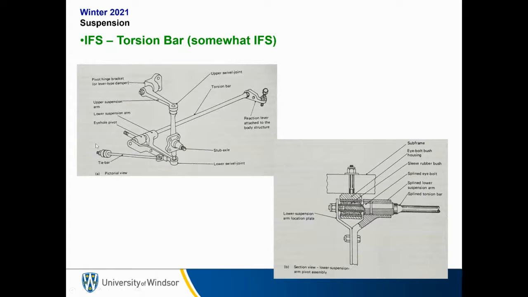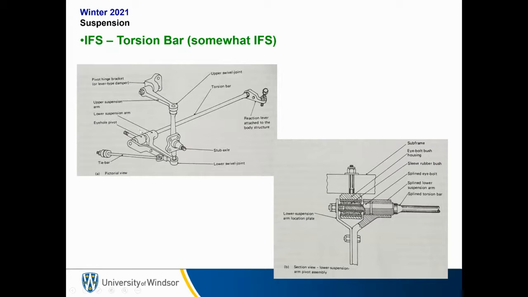So now that we've said independent front suspension is good, there are different implementations of how you can do this. The first one is really not exactly an independent front suspension. It's somewhat independent. It's kind of a bridge between leaf springs and true independent suspension. This is called a torsion bar.